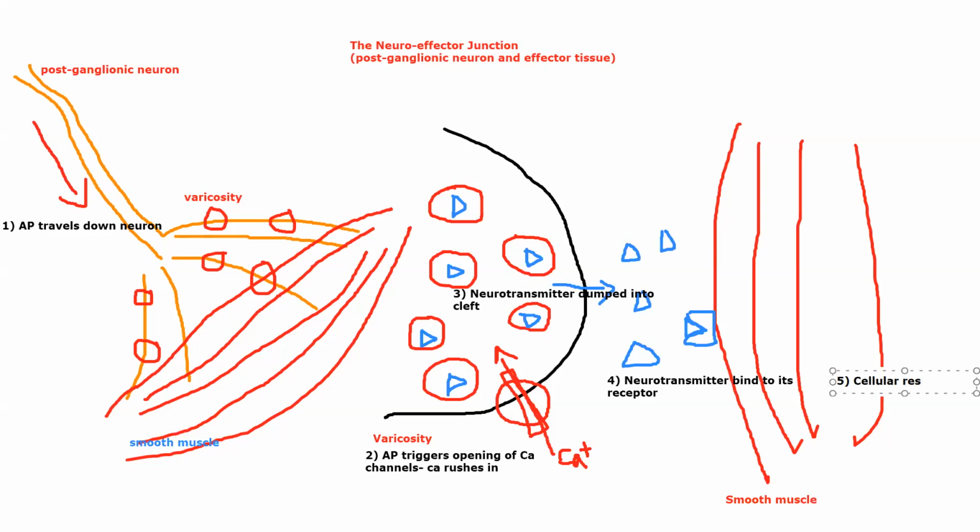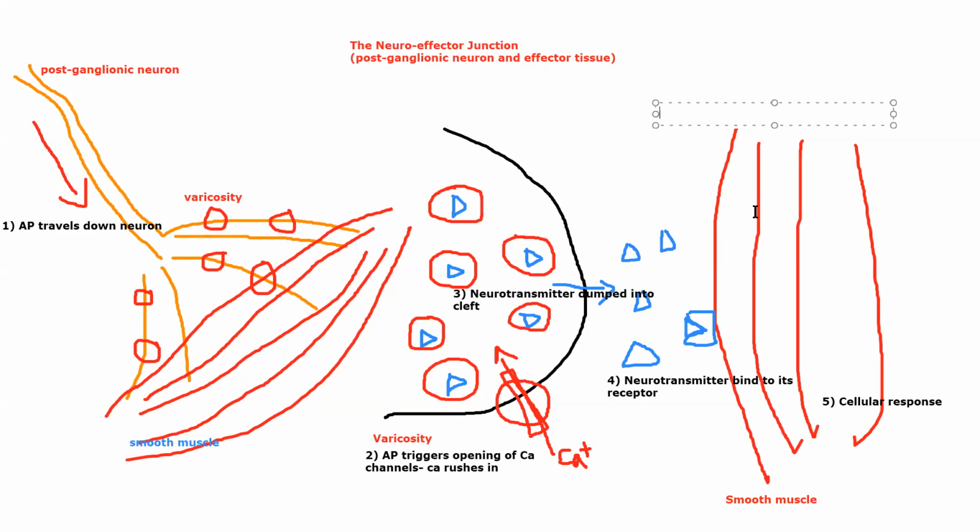Okay, and we talked about what would happen if this was an adrenergic receptor. So if this was an alpha-1, alpha-2, beta-1, beta-2, or beta-3, we know what the cellular response would be. We talked about the specific signal transduction pathway for each of those receptors. And so we know how the cellular response would come about. So we're not going to go into more detail with that here. But understand when the neurotransmitter binds to this receptor, it's coupled to that G protein. And this is where that signal transduction cascade will come about to bring about our cellular response.